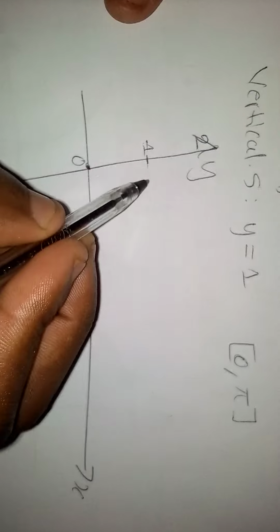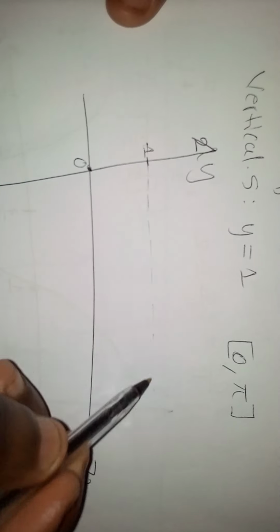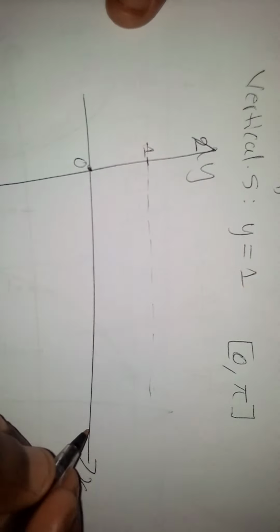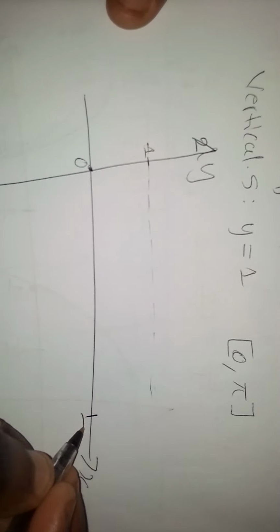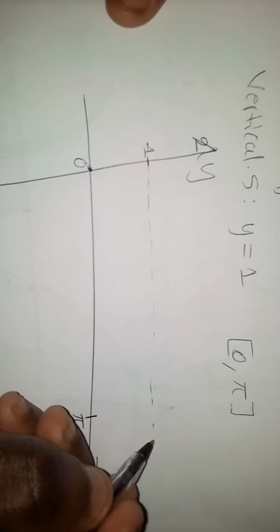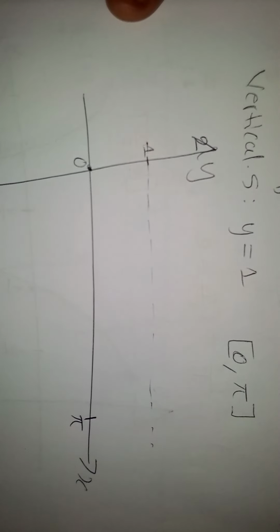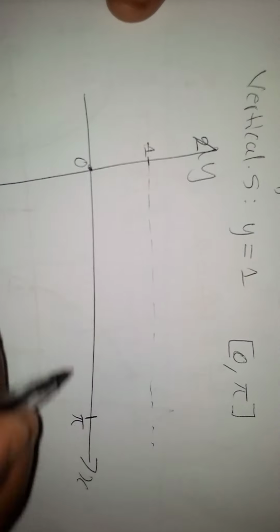It is starting from 0 up to pi, and it's a cosine function. Because it's a cosine function, we need to identify the first quarter and the last quarter. So let's first find the half of this interval.